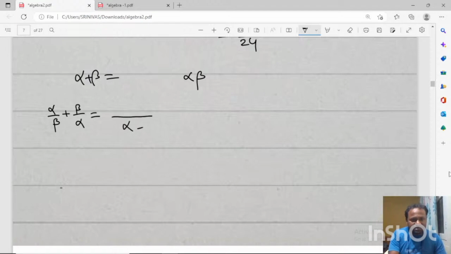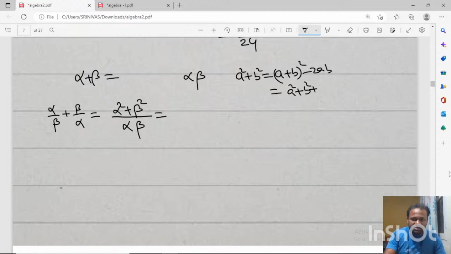That is nothing but, with LCM alpha beta, we get alpha square plus beta square. Now we need to convert it. How to convert? A square plus B square is equal to A plus B whole square minus 2AB. A square plus B square plus 2AB minus 2AB, these two get cancelled, leaving A square plus B square. So this is the formula.